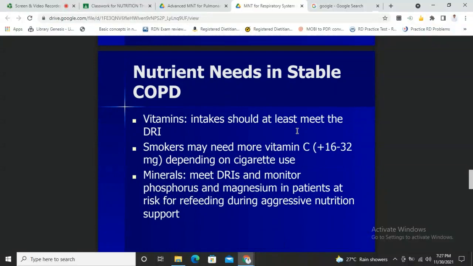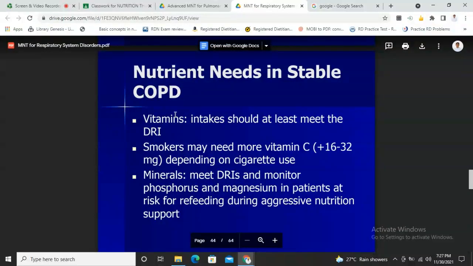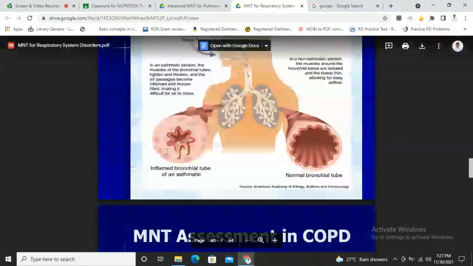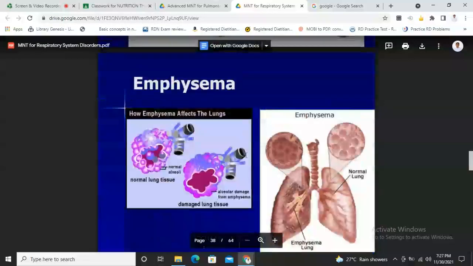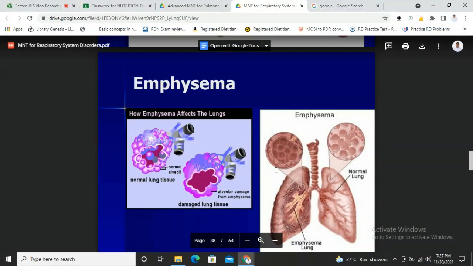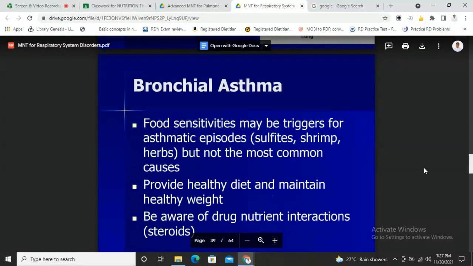And vitamins, okay, the intake should at least meet the RNIs in our PDRI, no? Okay, those with emphysema are usually smokers. So why are their lungs like that? Because of smoking. Smokers usually develop emphysema later on.